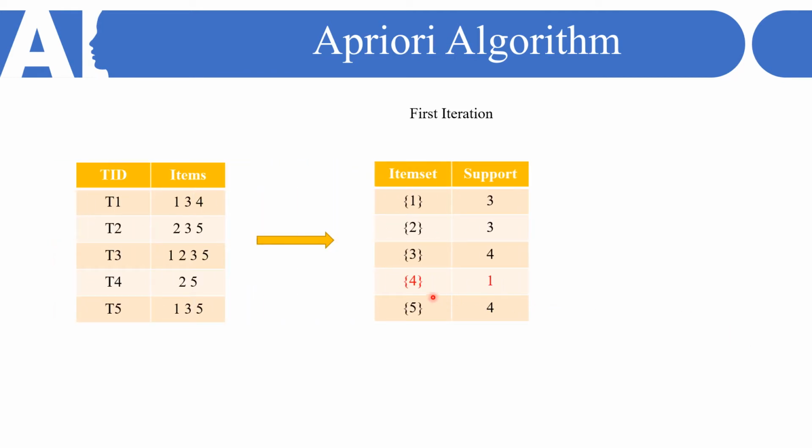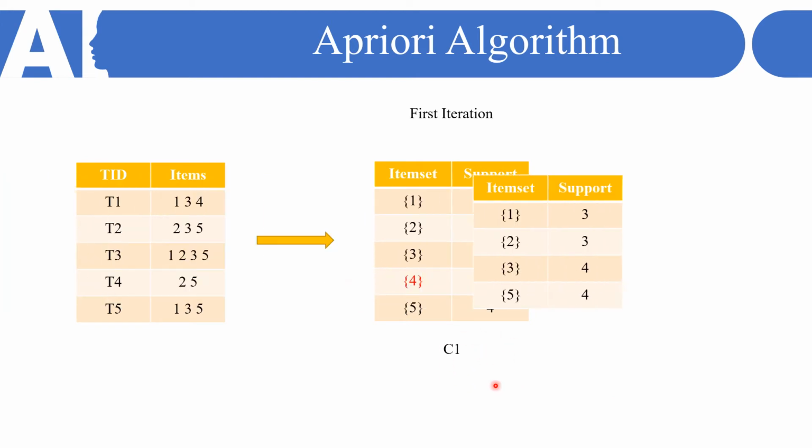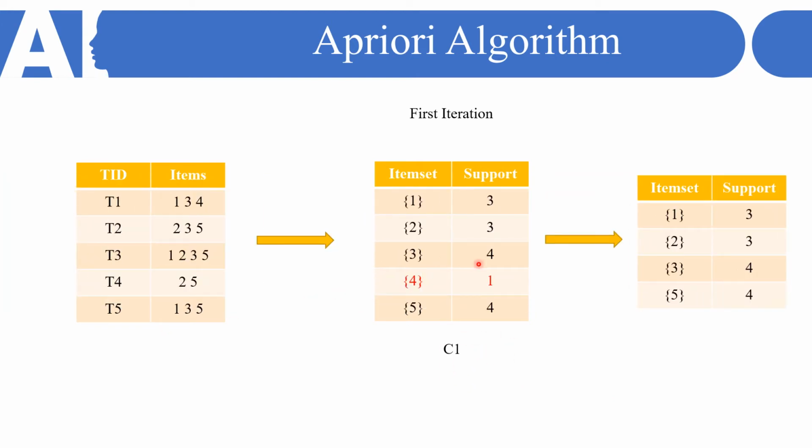This will be discarded. As this is the first iteration, this will be the table C1, and after removing 4, we have the table F1. As this is the first iteration, we denote it by final table 1.